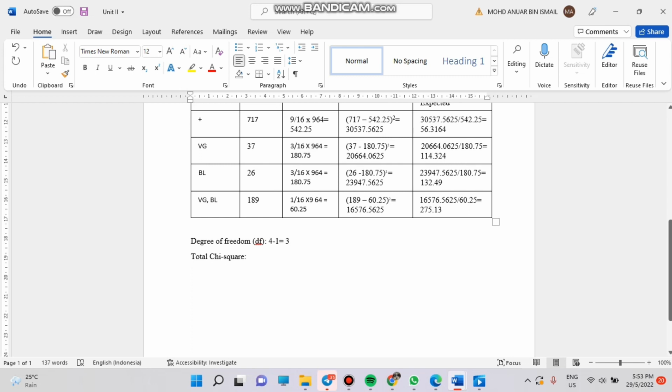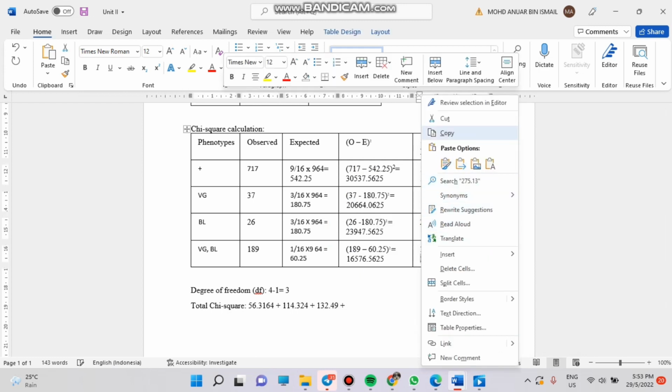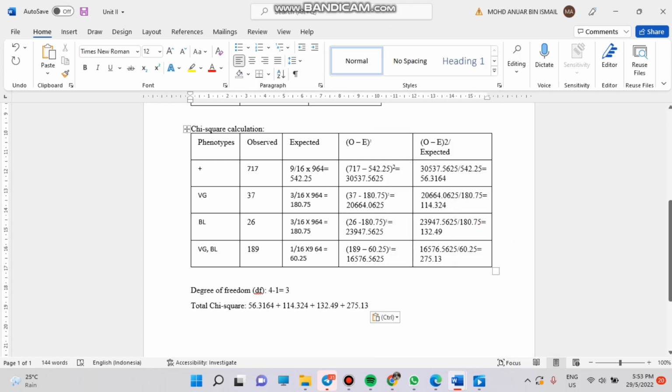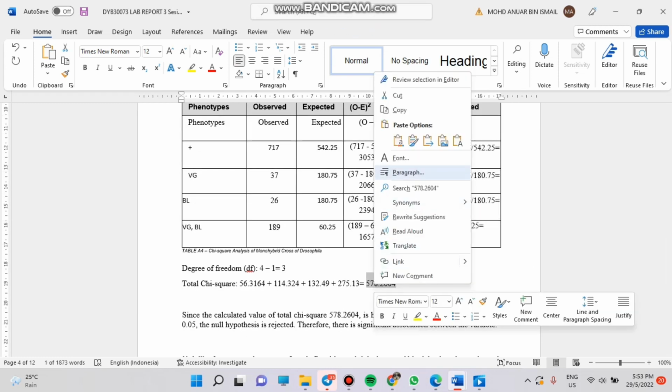So the total chi-square is we add all these numbers, plus 114, we want the total, so equal to 578.2604.